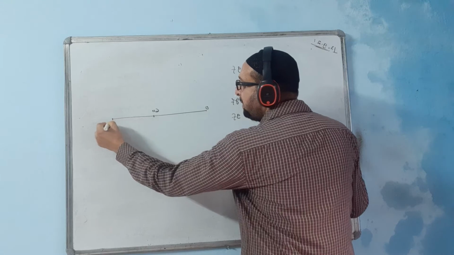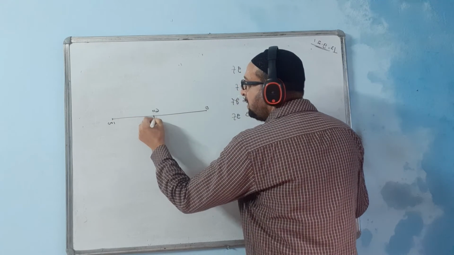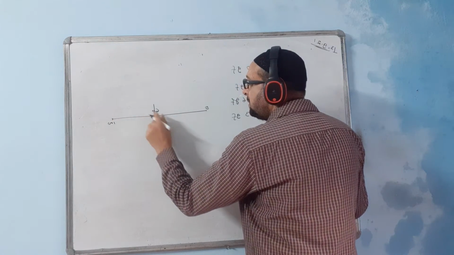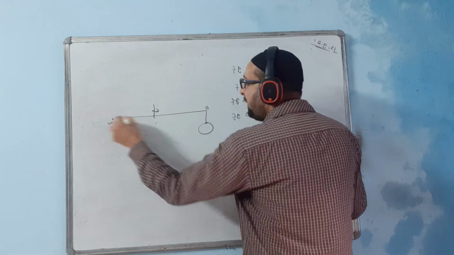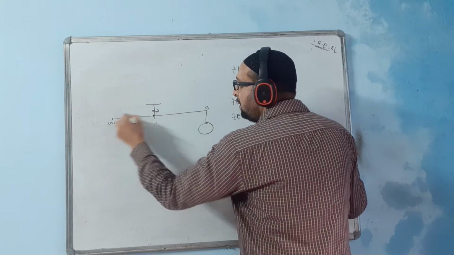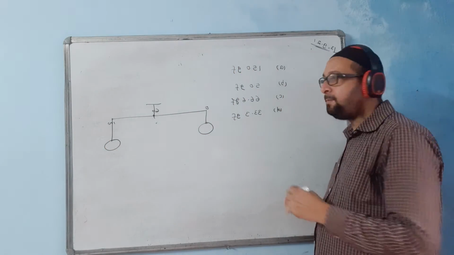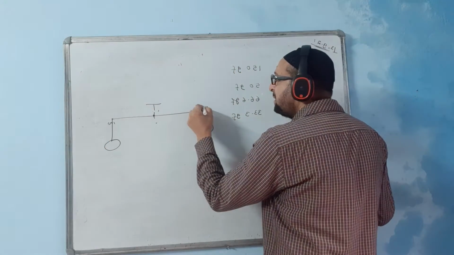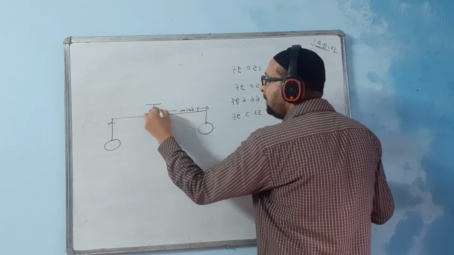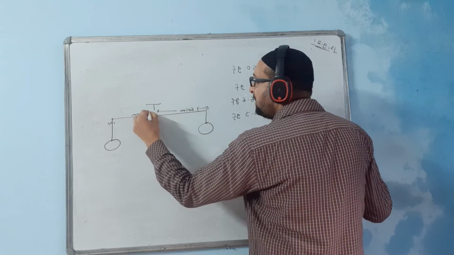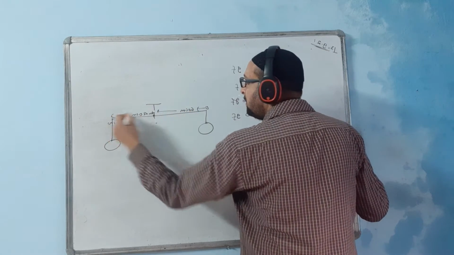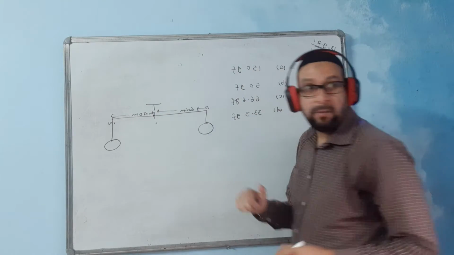That means this will be 100 in total. There are two pans here, one pan here and another pan here. This distance is 60 and this side is 40. One is longer, one is shorter.